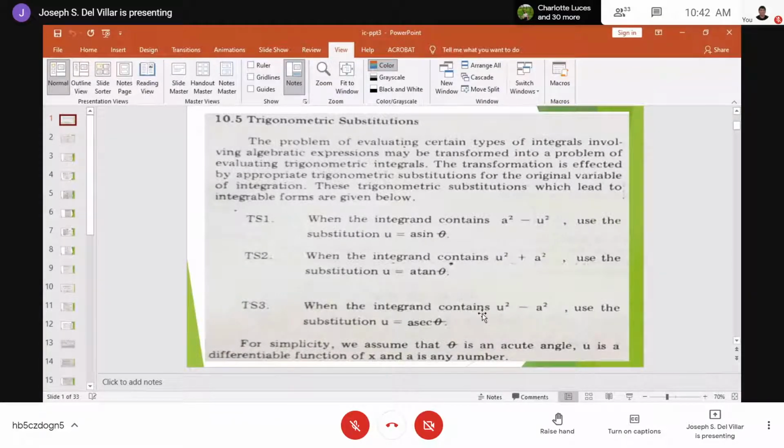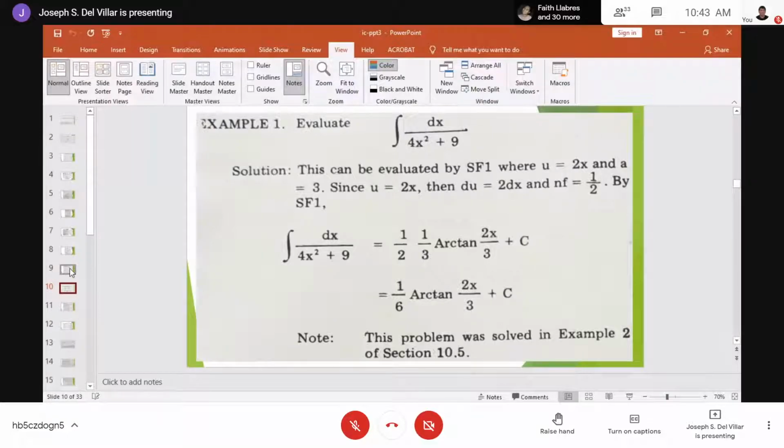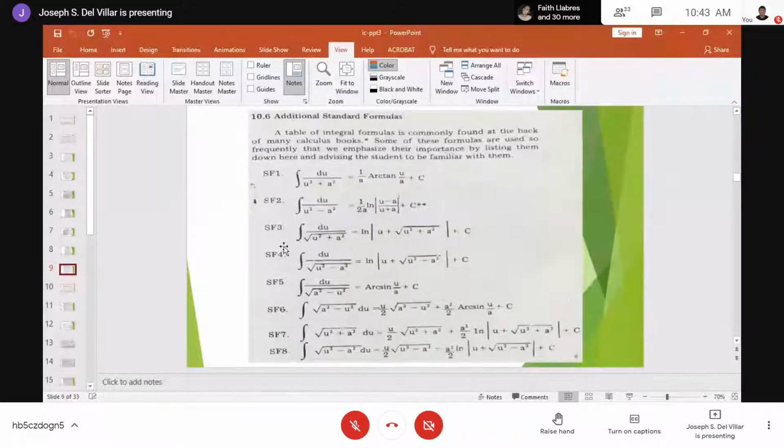So you can apply this or you can apply the standard formula. If standard, this is it: variable squared minus constant squared, standard formula number 2. But before you apply this, be sure that the numerator is an exact differential of the variable in the denominator, so du should be the exact differential of u squared.